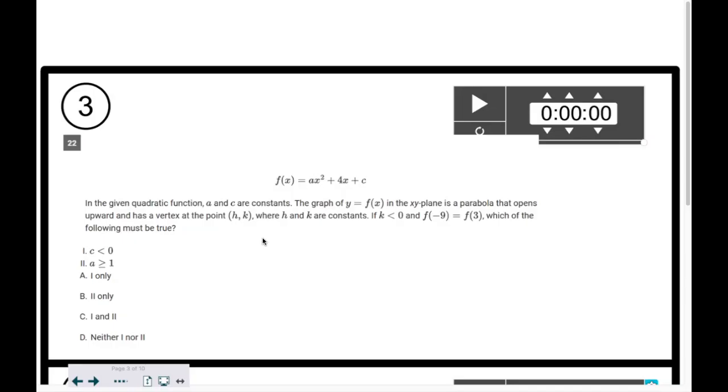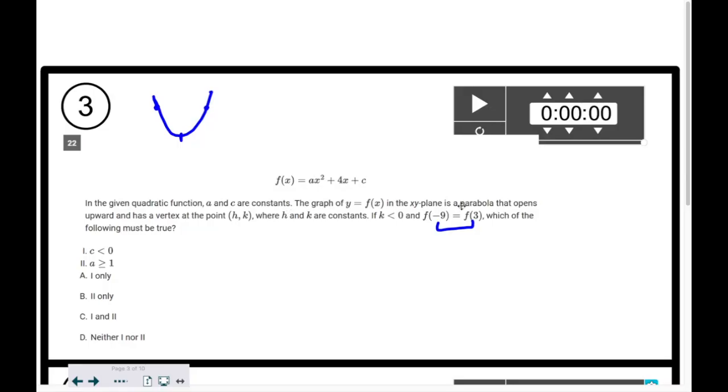So the first thing I noticed was, when we know it's a parabola and we have two values that are equal to each other, we immediately have to realize that it doesn't really matter what the y values are. The vertex has to be halfway between those x values because a parabola is symmetrical.